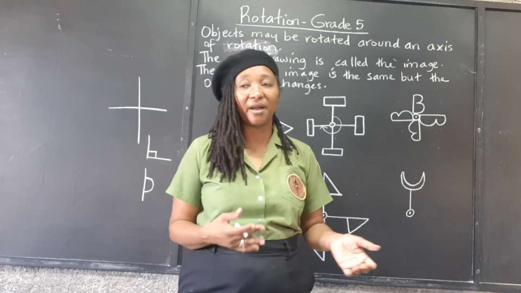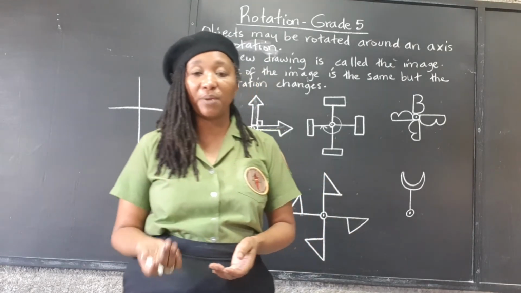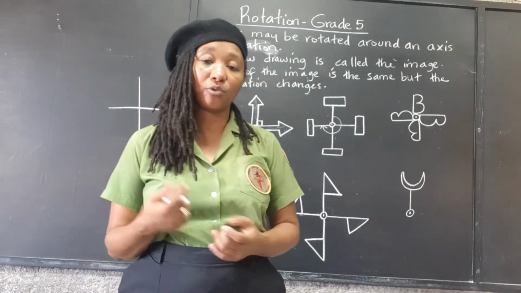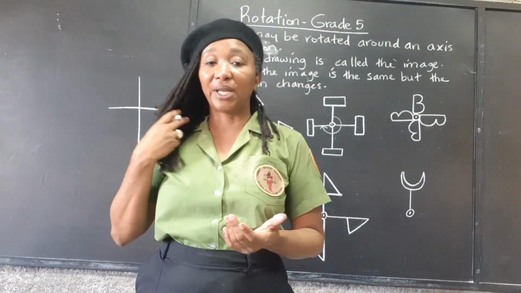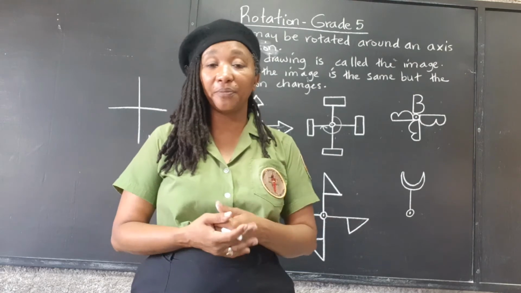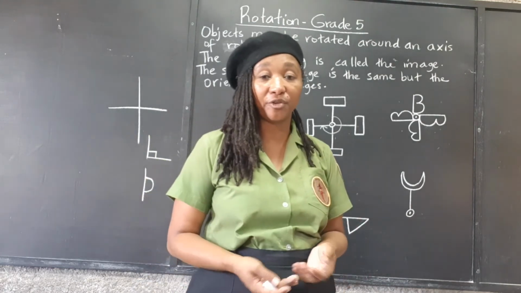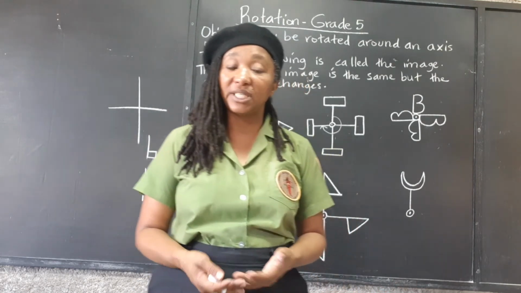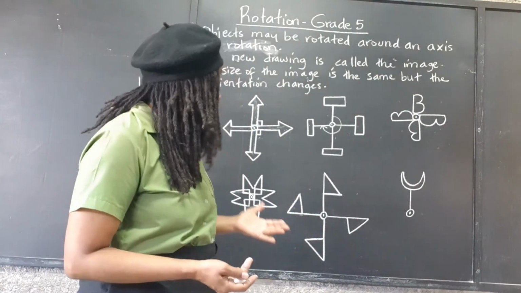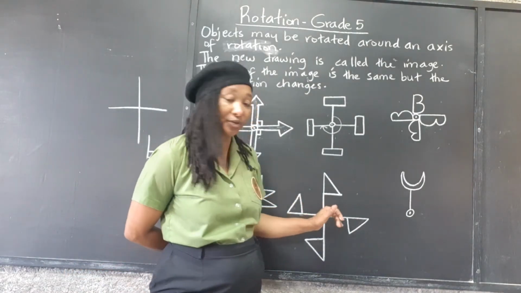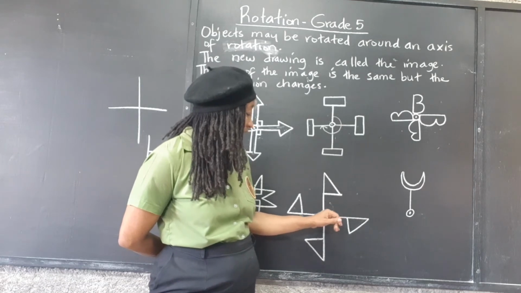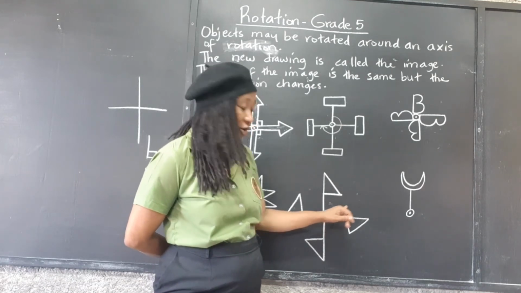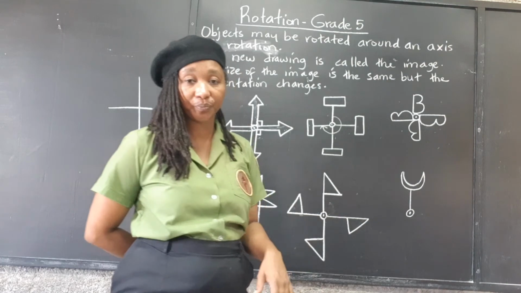And those are the basic degree measurements that we need to know for rotation at this level. Higher up, you'd actually get your protractor. Any degree, whether it's a 45 degree, 70 degree rotation, 60 degree rotation, you'd actually take your protractor and measure along the line, get that angle, and then draw your new image.